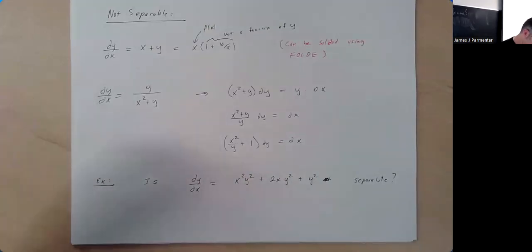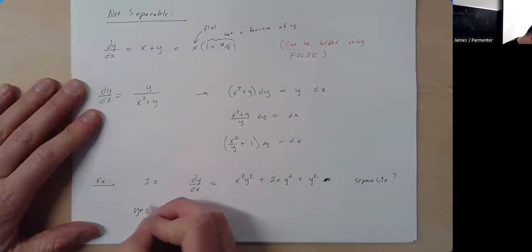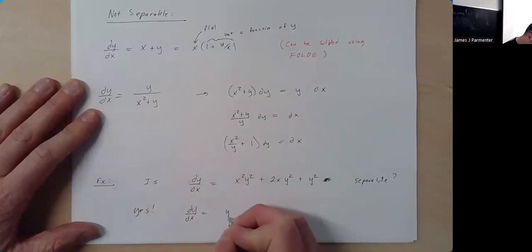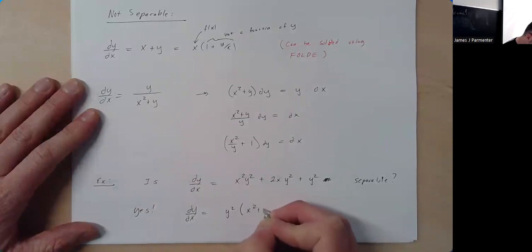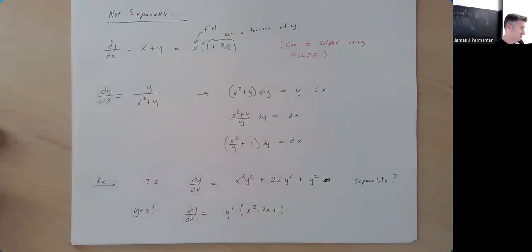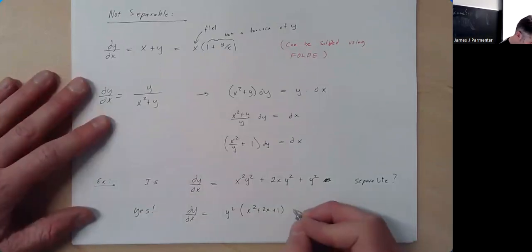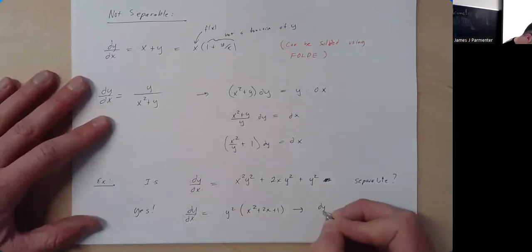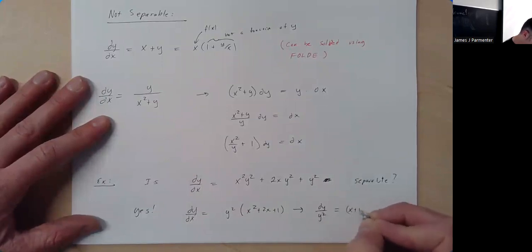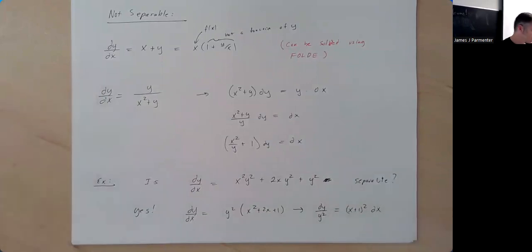We can write this as dy/dx equal to y squared times x squared plus 2x plus 1, which you can even write as y squared times x plus 1 squared. So then we could rewrite this as dy over y squared equal to x plus 1 squared times dx.